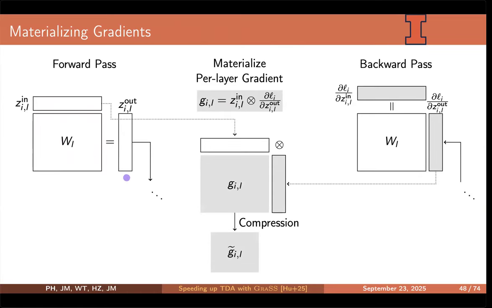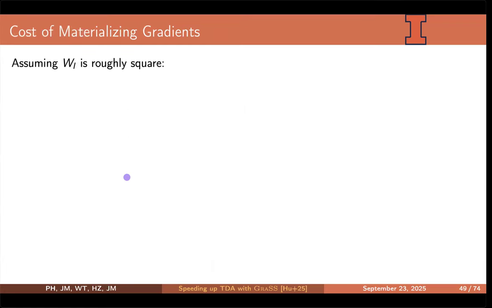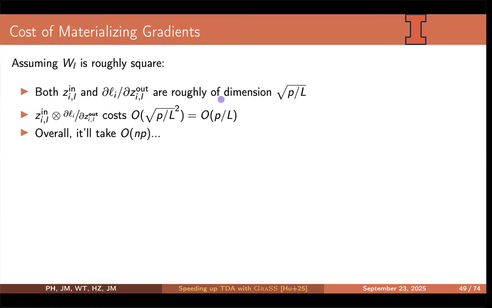The input and output are then of dimension roughly square root of P over L. When you do the tensor product of size square root of P over L, the cost will be this squared, so it's just P over L. This is for one sample and one layer. So if you want to materialize all samples and all layers, it will take O of NP again.